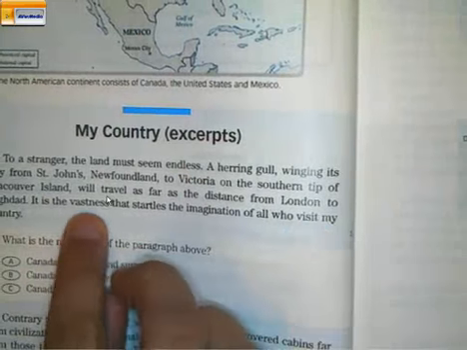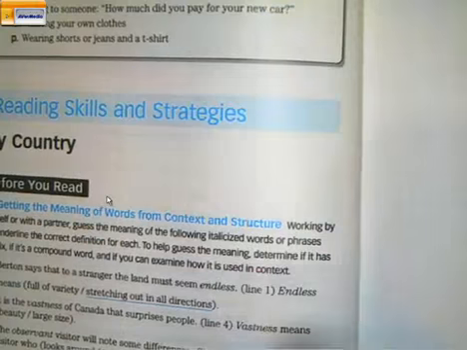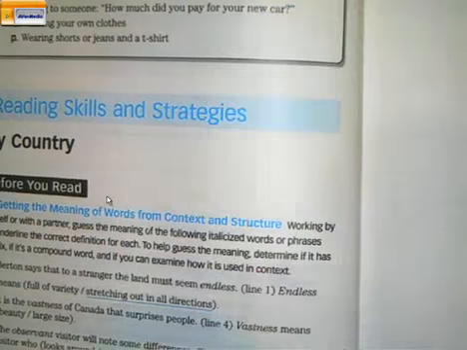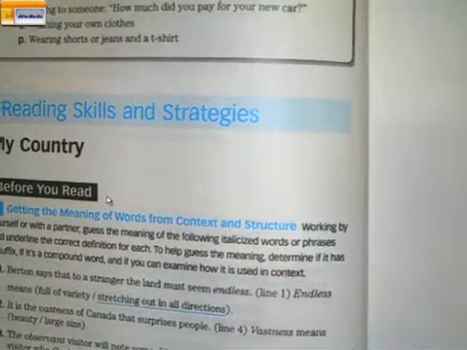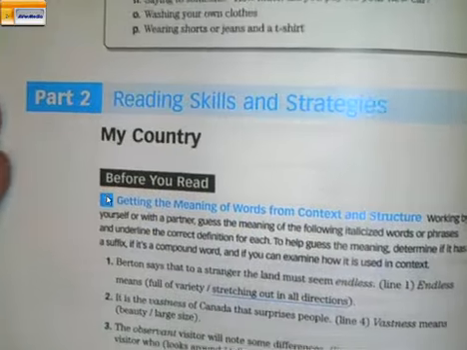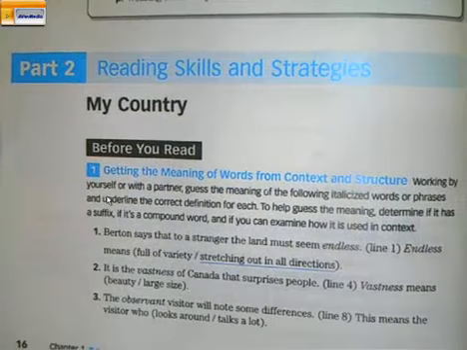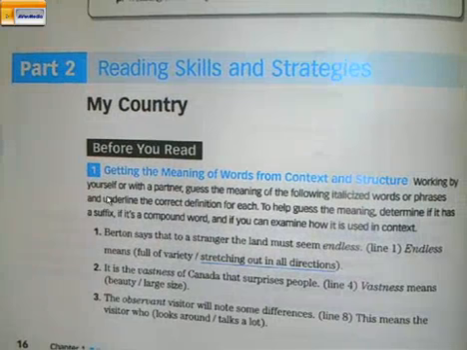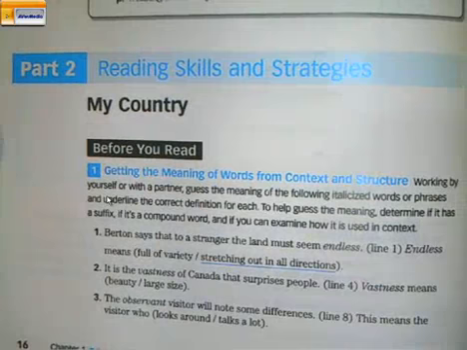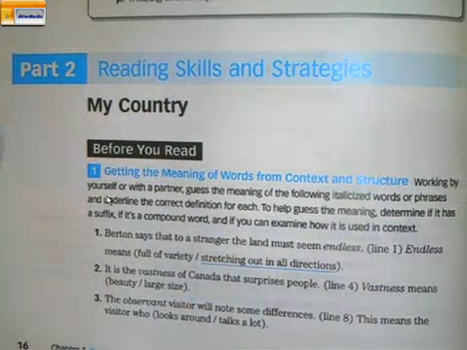So fastness, you see the word fastness. So this is the meaning of lines. If you see line and the number, you can go to the passage and see the sentence. It's the fastness of Canada that surprises people. Fastness means very large, so large size is the correct answer.